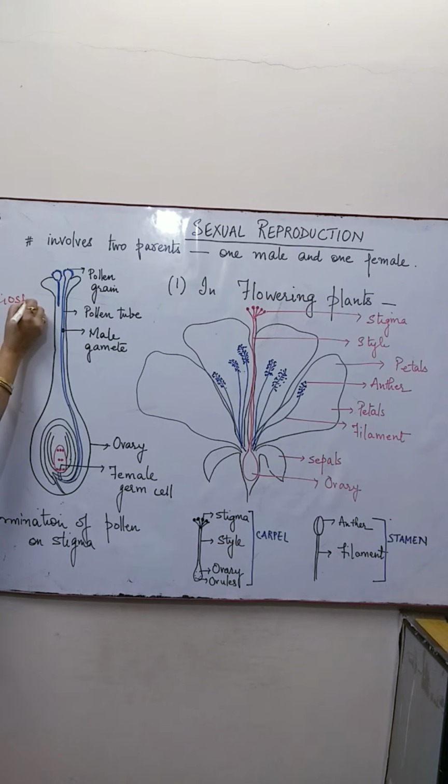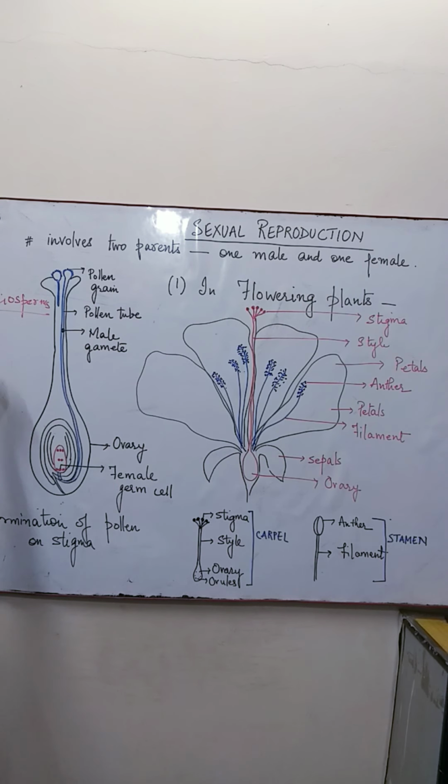And when we talk of the function of the flower, besides being attractive, the flower performs an important function, that is to bring about reproduction. Now, flowers can be of two types, that is unisexual or bisexual flowers.